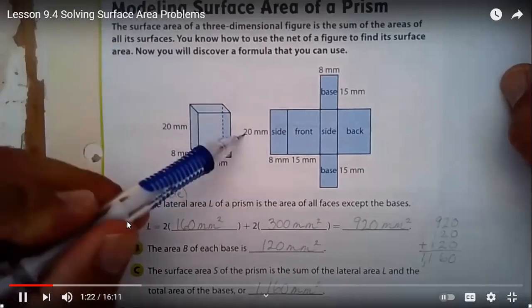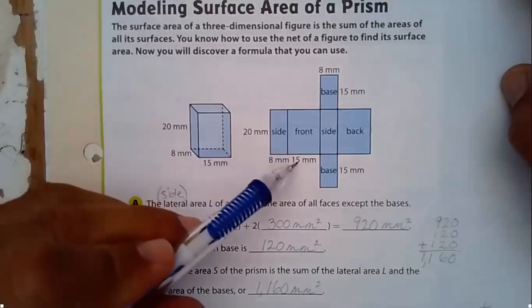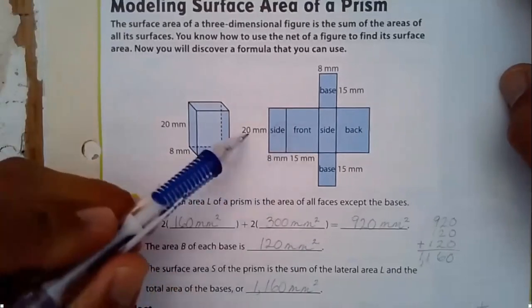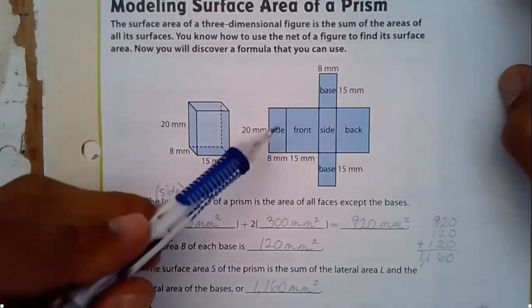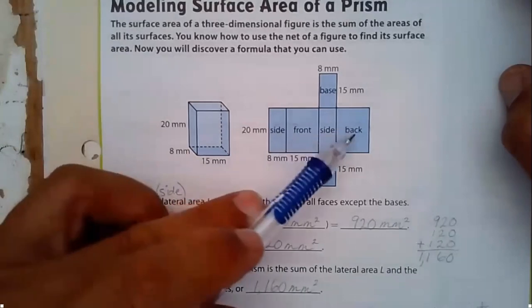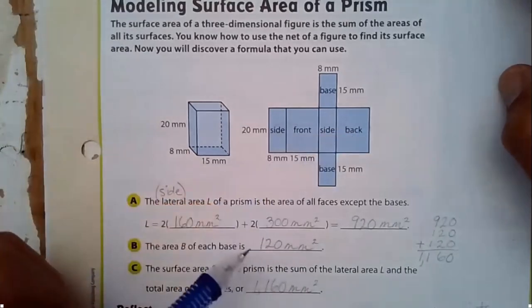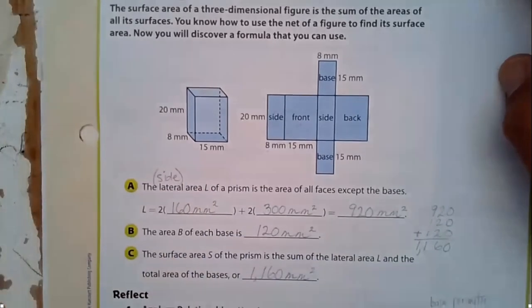We get 20 times 8 is 160, and 20 times 15 is 300. We multiply each by 2 because there are 2 sides, and there's front and back, which have the same area as well. So 2 times 160 plus 2 times 300 gives us 920.